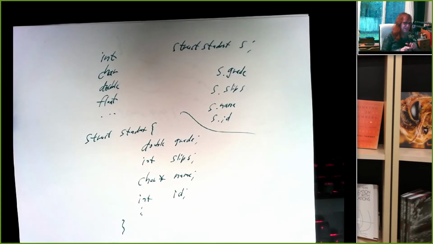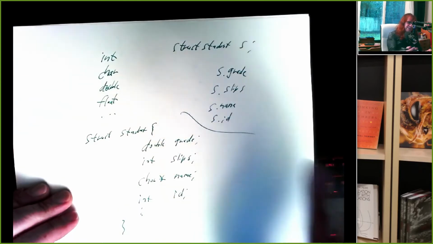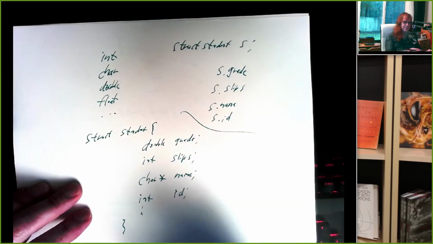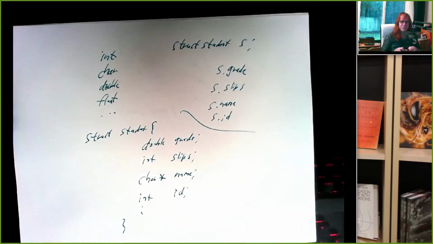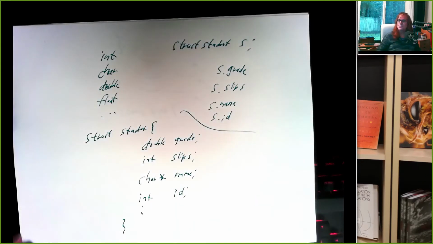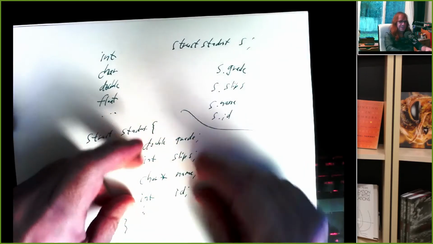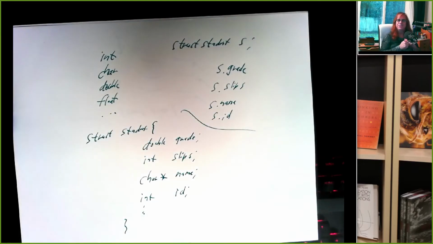If we're writing in a language that doesn't support structs, we could still do something like this. I could simply call the student's grade s_grade, and I could make a new variable called s_slips, and s_name, and s_ID, and I could have 4 separate variables. And then when I wanted to pass the student information to an array, I could just pass all 4 of my variables. But this is a way to take these 4 pieces of information and combine them into a single thing.